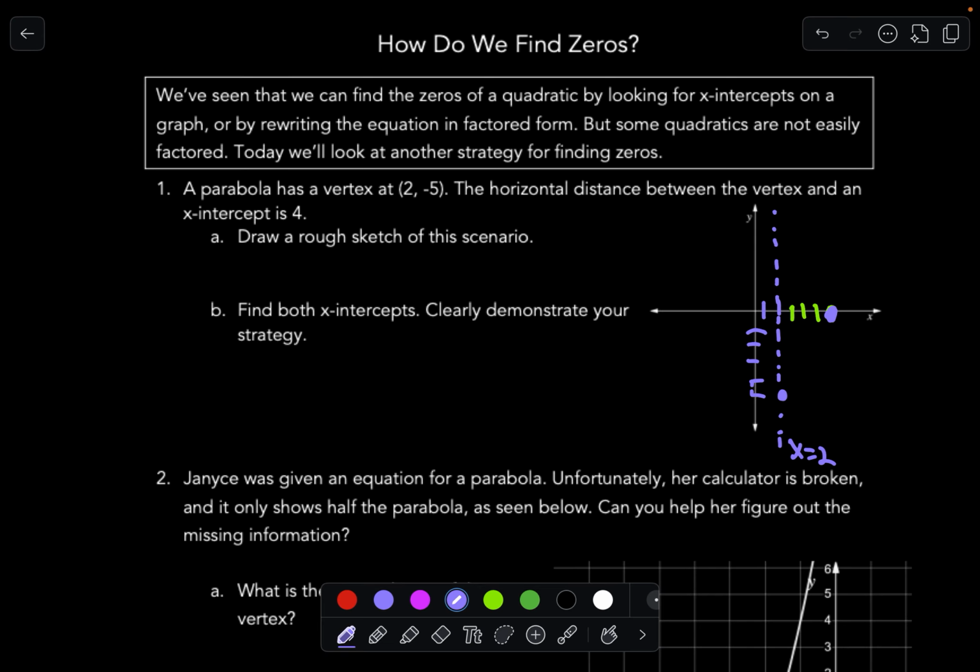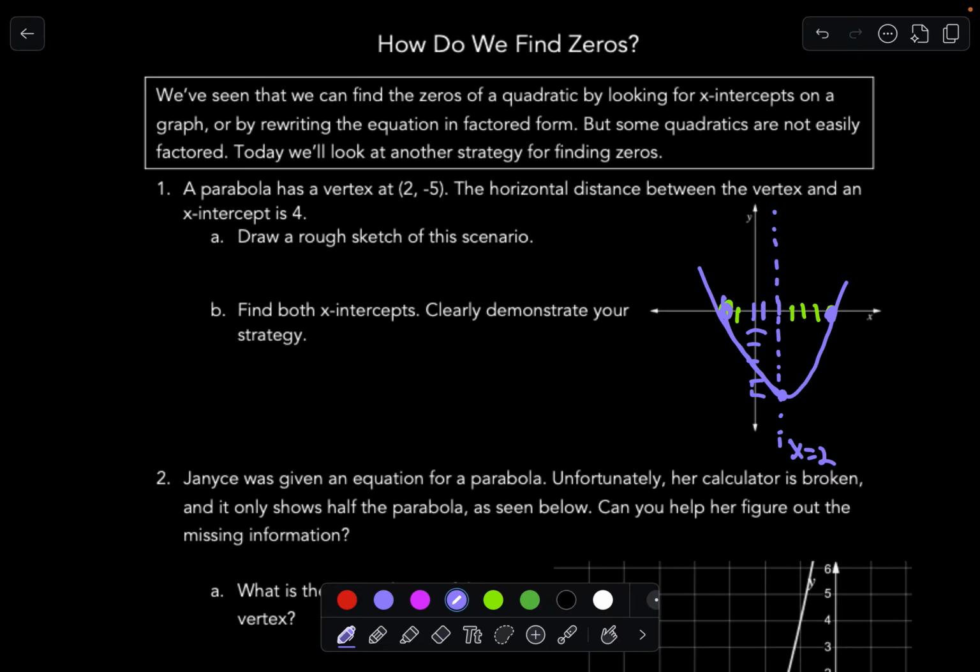We can do the same thing to the left: 1, 2, 3, 4, and there's another point right here. So we know the parabola is going to do something like that in a really rough manner. So there's a rough sketch of this scenario.